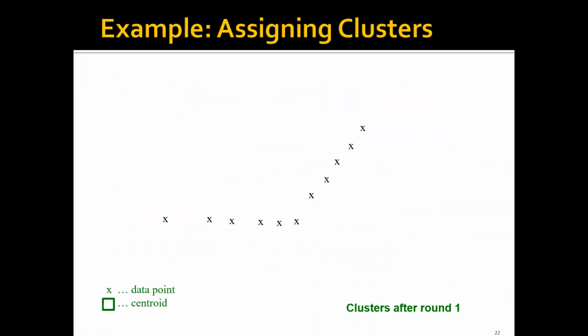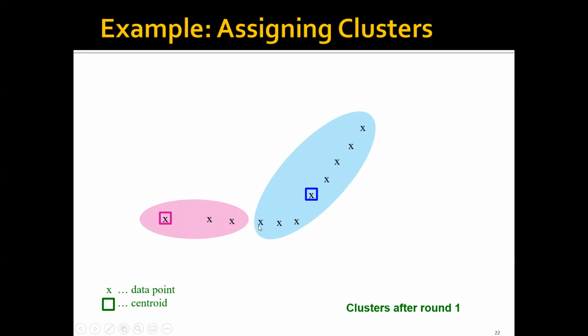For example, let's say that we want to cluster all these points. And initially, we will just pick 2 points. And we pretend that these 2 points are their initial centroid. And then we will just assign all the points to their closest centroid here and here.